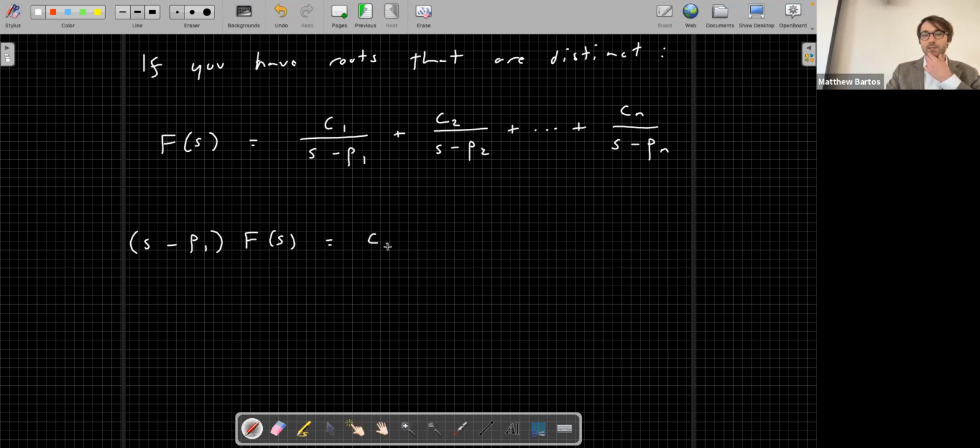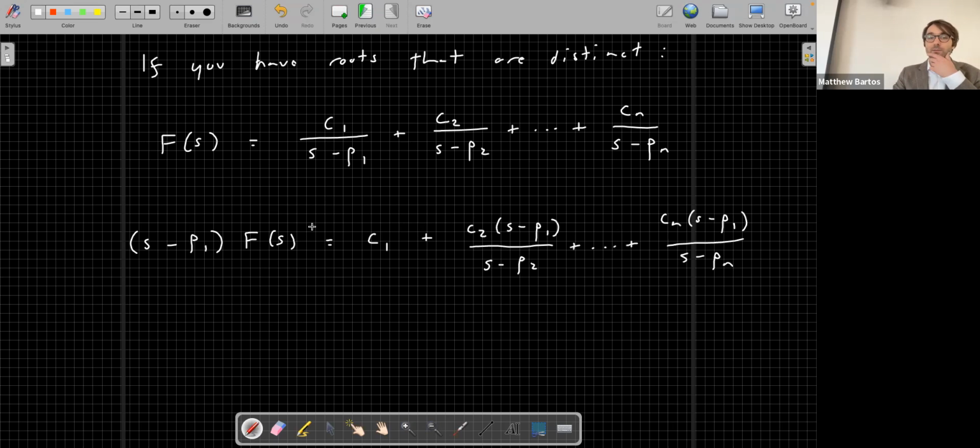Okay, so we'll get C1 plus C2 (s minus P1) over (s minus P2), and so on to Cn (s minus P1) over (s minus Pn). Then we can take this and we can evaluate it at s equal to P1.